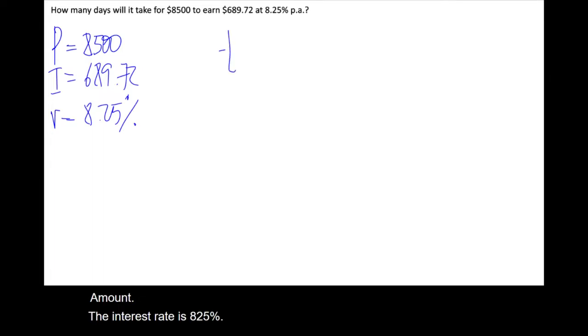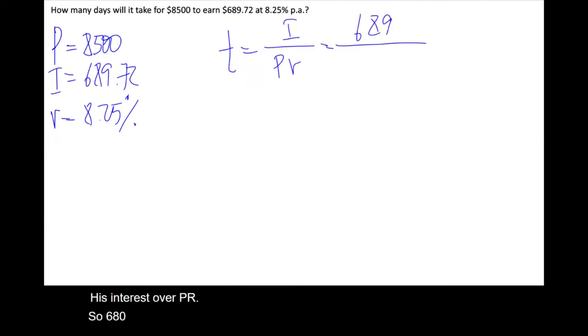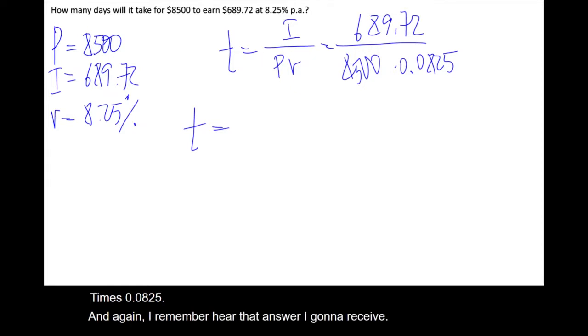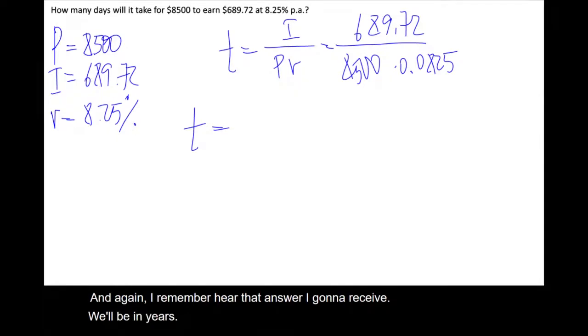Okay, time T is interest over PR. So 689.72 over 8500 times 0.0825. And again, I remember here that the answer I'm going to receive will be in years.